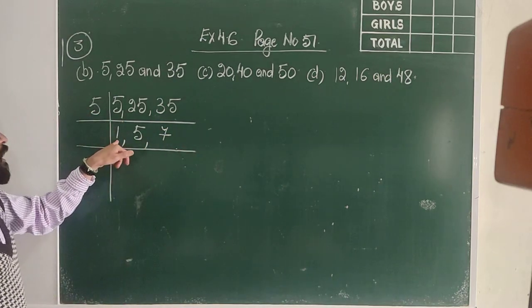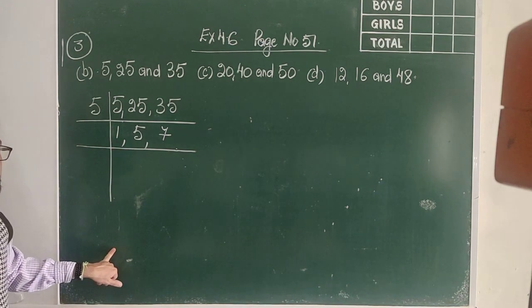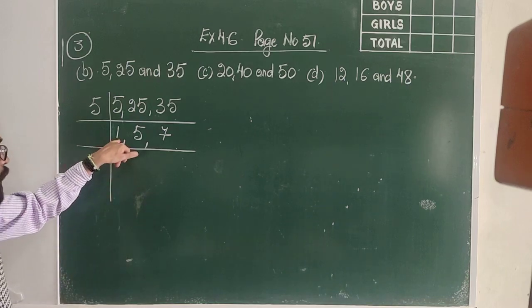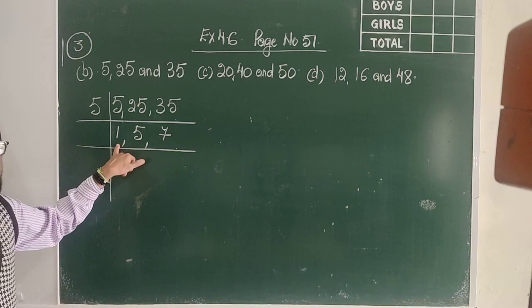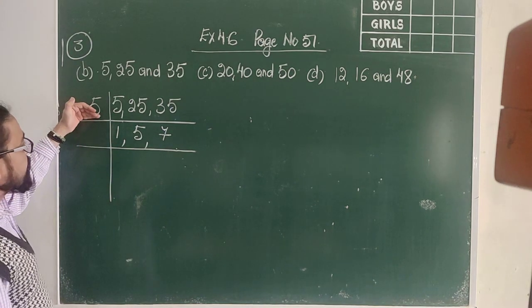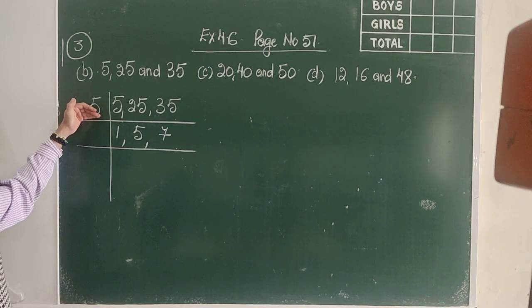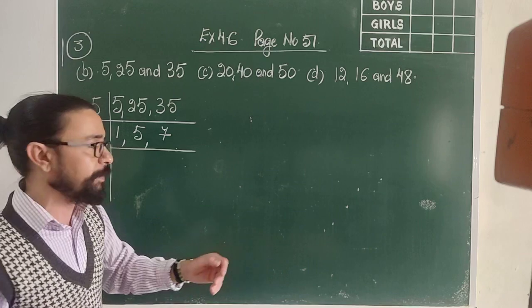Now as you can see, I have got this 1 already. This 1 will go right down till the end of the sum, because 1 is divisible only by itself and no other number. So I continue with the same number and keep asking myself, does any of the numbers divide by it before I go to the next prime number?